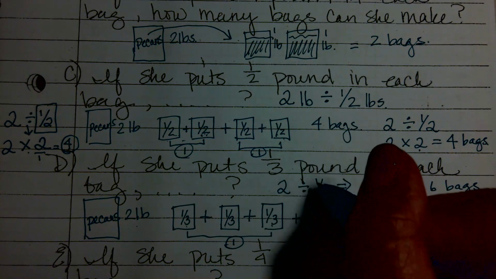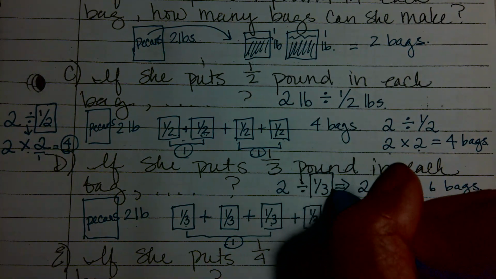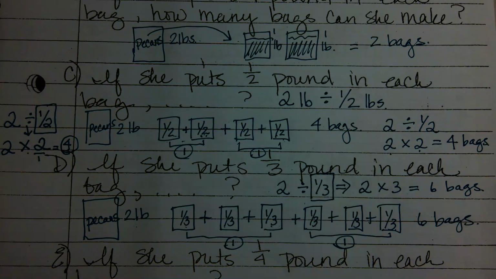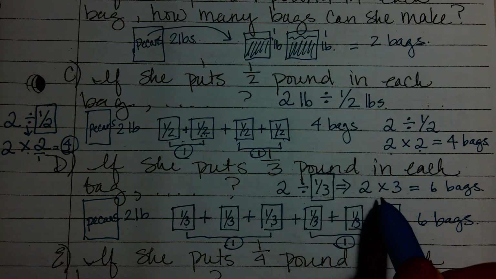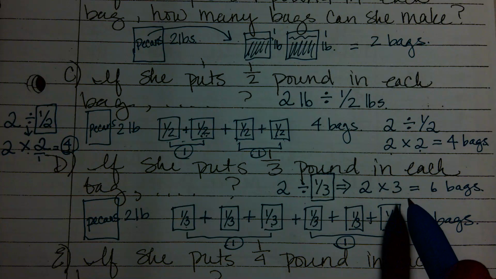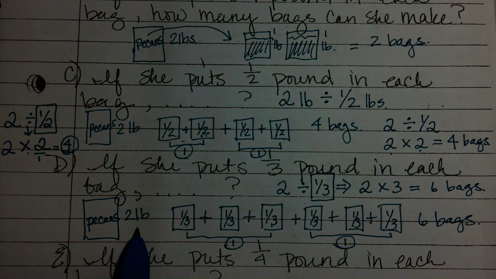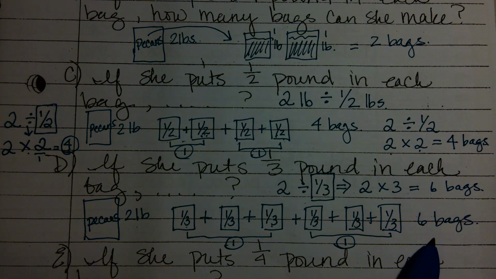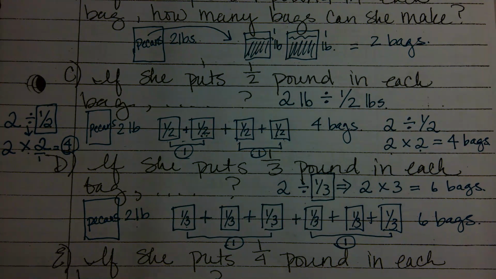So, like I said earlier, the second fraction, you flip the sign to its inverse operation, and the inverse operation of division is multiplication, and then you multiply. So 1/3 becomes 3. 2 times 3. Here's 2 pounds times 3 thirds gives you 6 bags.